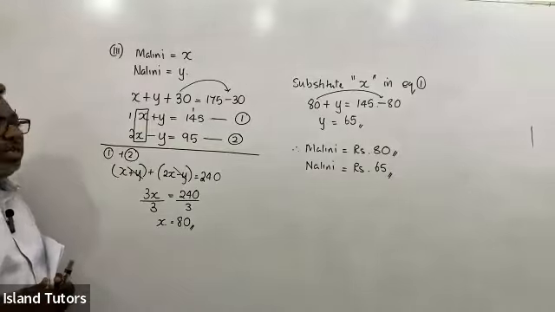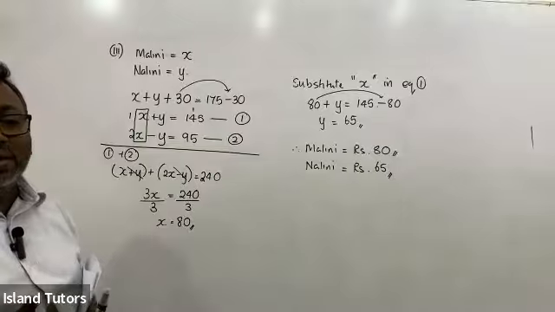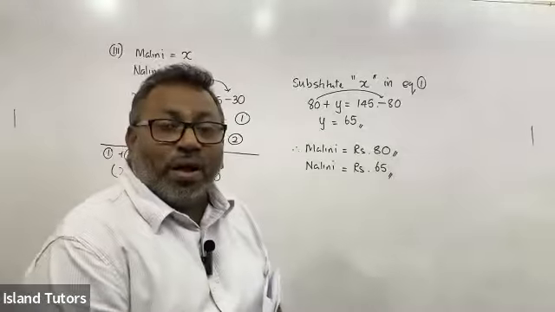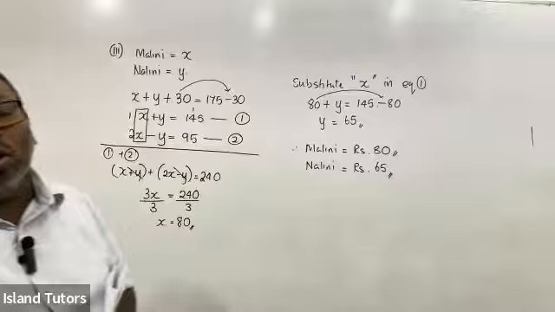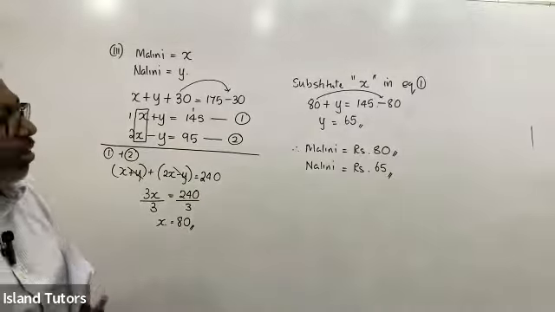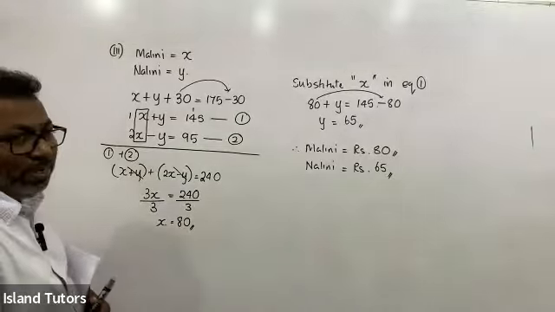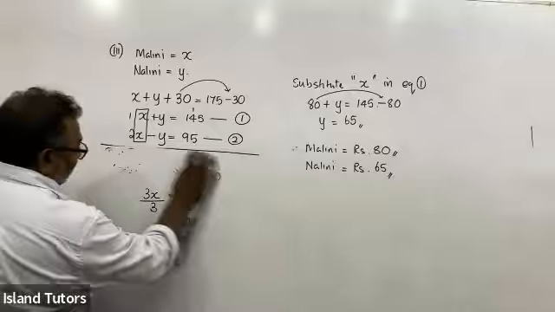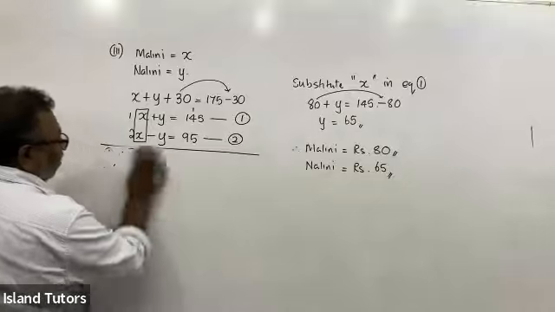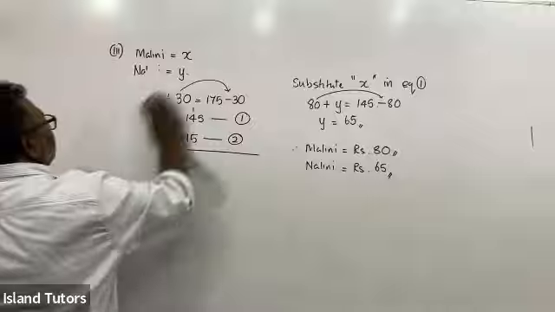Now we are going to solve questions where you have fractional coefficients. So your coefficients are going to be fractions, right? So let's see how we're going to do that.